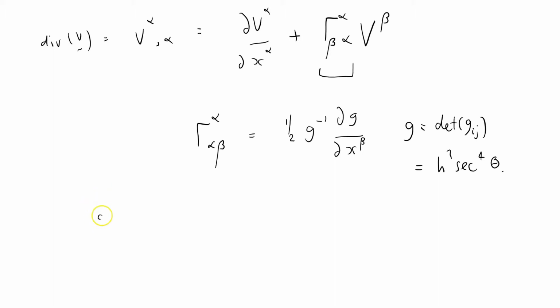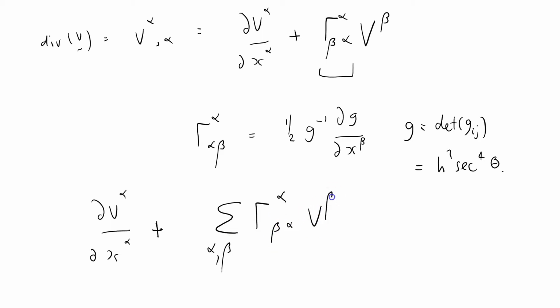So we've got ∂v^α/∂x^α plus, I may as well write out the summation, sigma over α and β, Γ^α_αβ v^β.